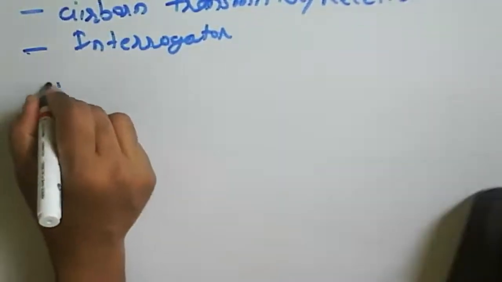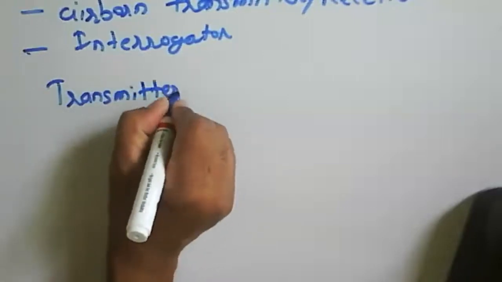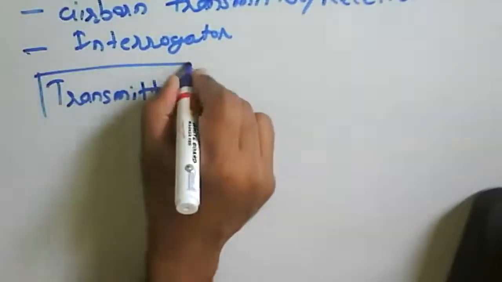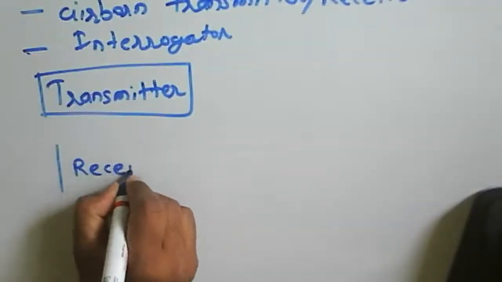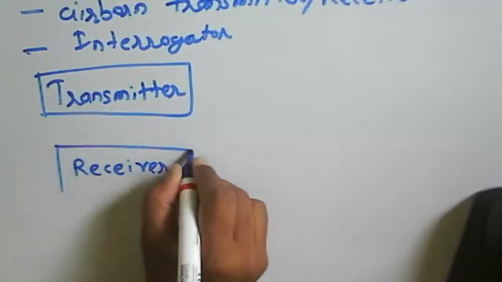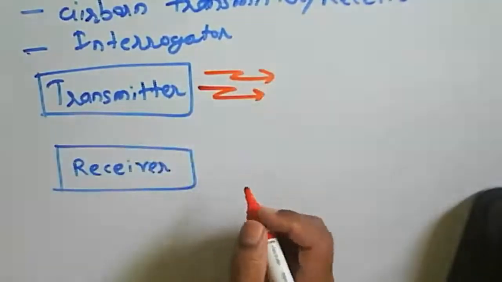In a DME, this one is a transmitter, and then a receiver, and in between there is the air channel.